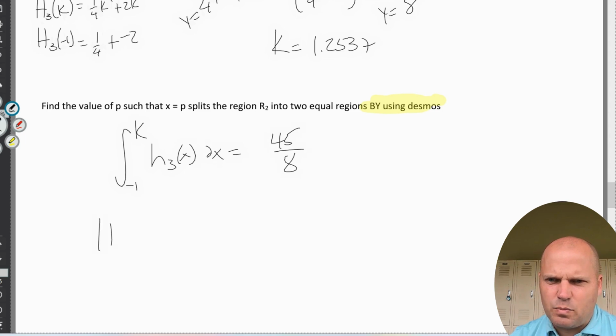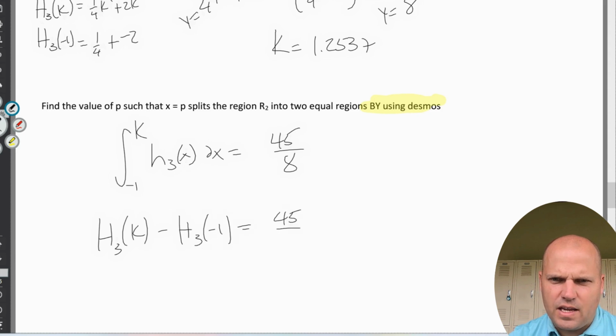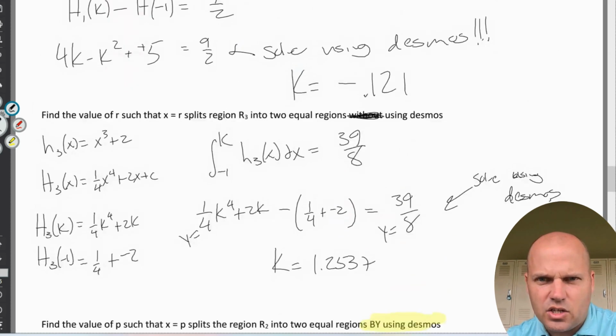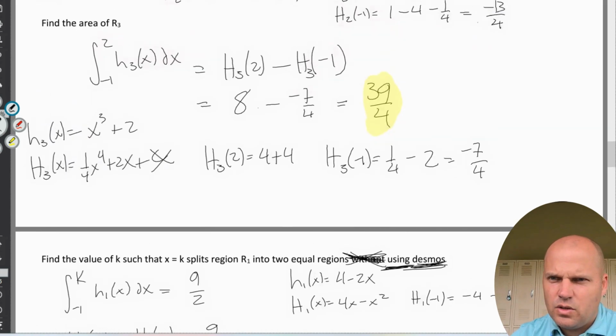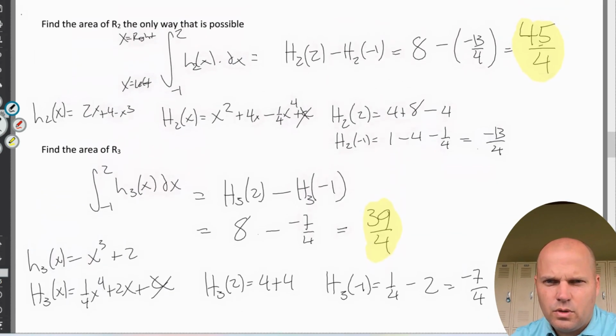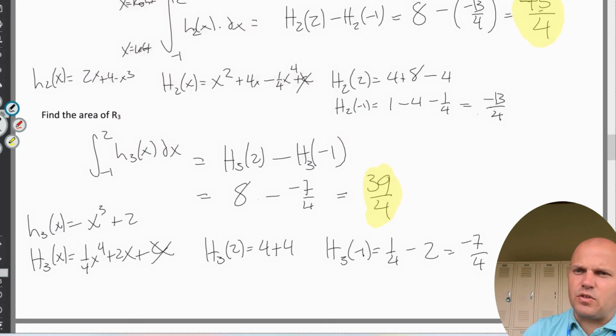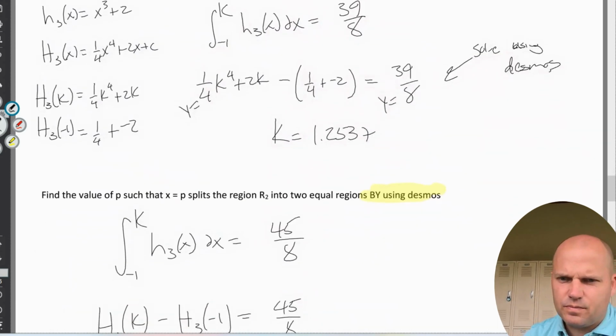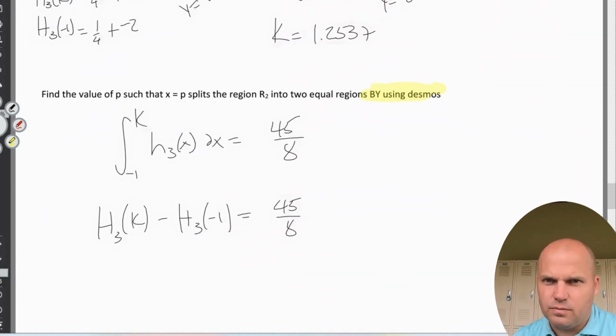I need super H3 at k minus super H3 at -1 to get 45/8. Regular H is 2x plus 4 minus x cubed. This is region 2.